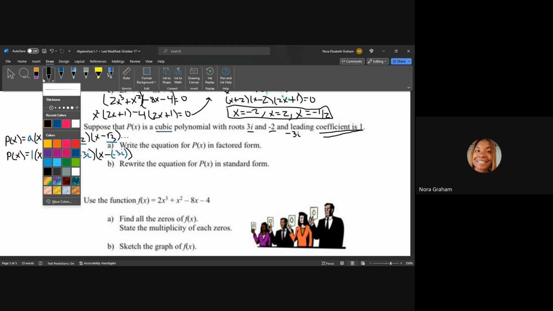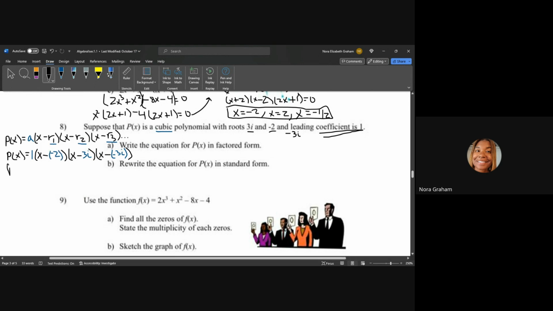And now I can just start simplifying down my formula. P of x equals, that 1 is just going to stay there. This will become x plus 2, simplifying down inside my binomial, then x minus 3i, and then x plus 3i.